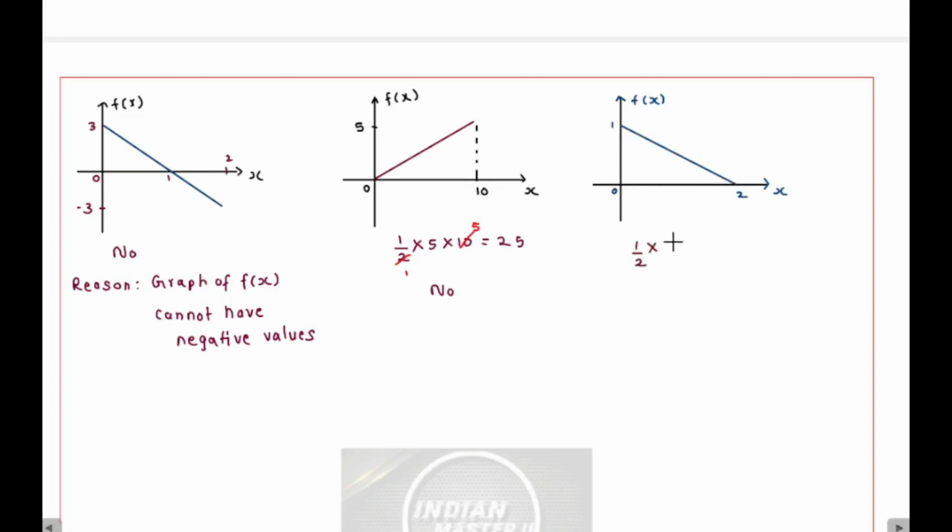Can I say this base is 2, so half into base into height, half into 2 into 1. So what do I get? I get this as 1 into 1, which is 1. So that means the total area here is 1, so the probability is equal to 1. So yes, this represents a probability density function of a continuous random variable x.